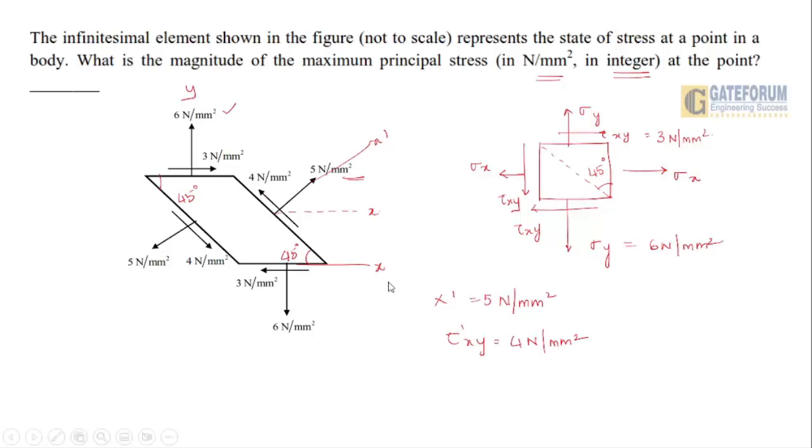So when we are using the transformation equation, we get sigma x dash is sigma x plus sigma y by 2 plus sigma x minus sigma y by 2 into cos 2 theta plus tau xy sin 2 theta.